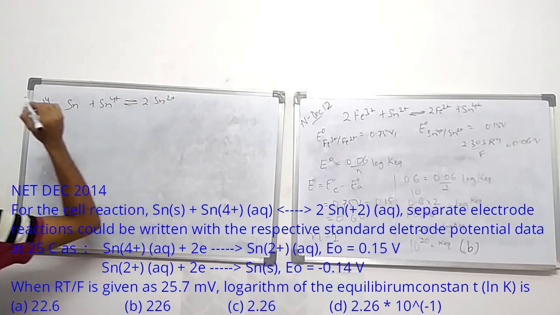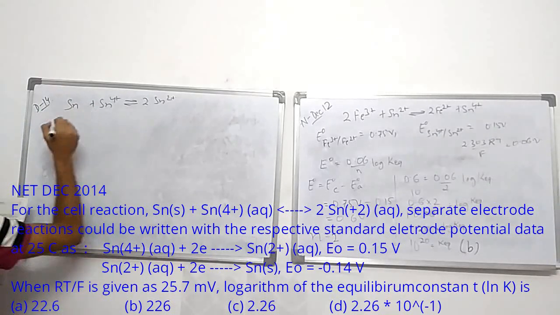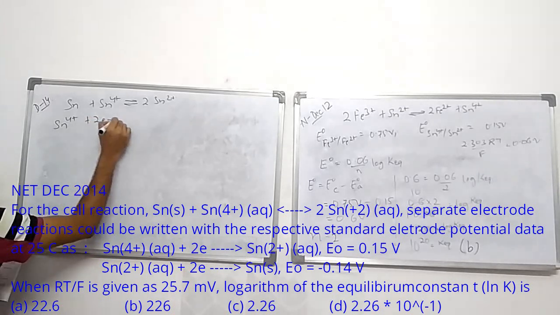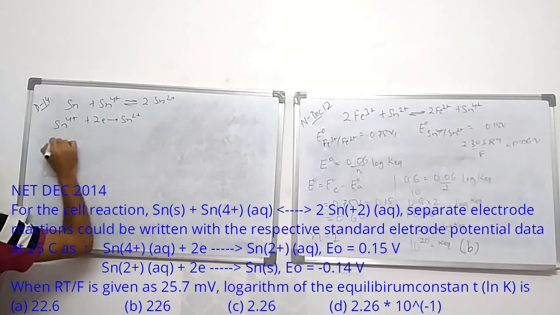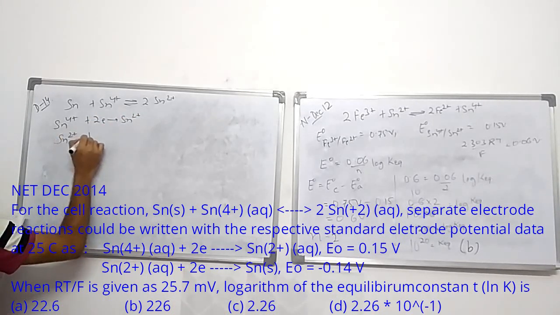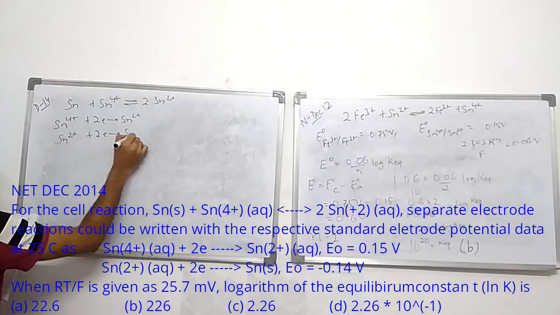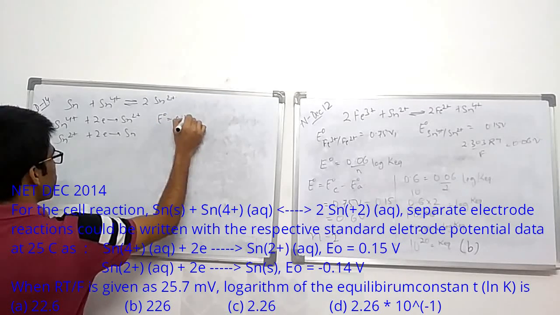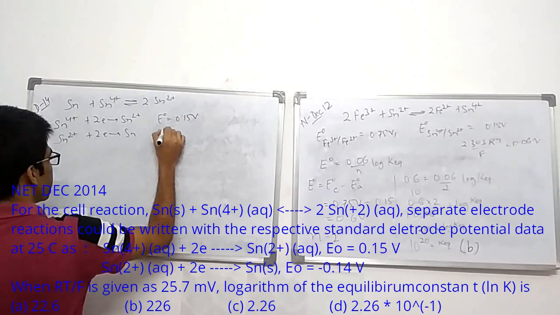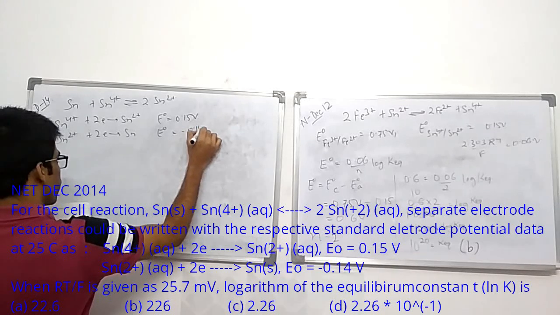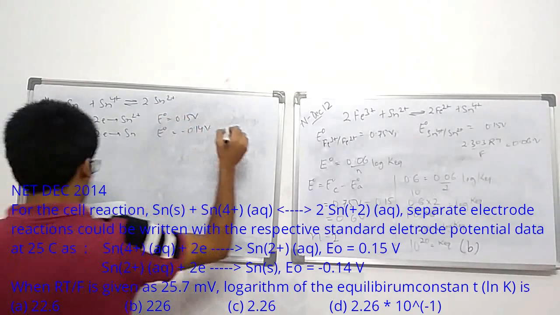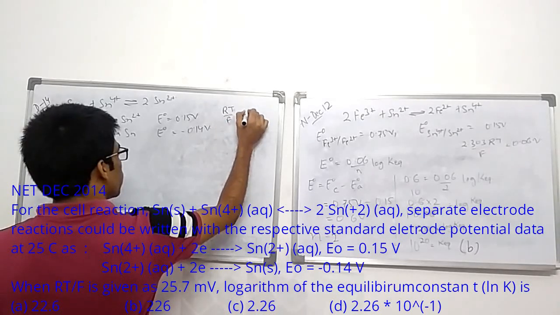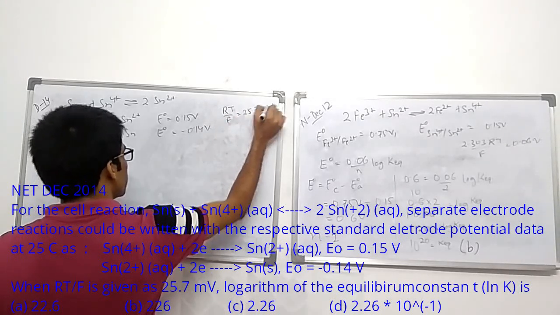And they have given the reduction potentials in the form Sn4+ plus 2 electrons gives Sn2+, and Sn2+ plus 2 electrons gives Sn. The E naught for this is 0.15 volts and the E naught for this is minus 0.14 volt, and they have also given RT by F is equal to 25.7 millivolts.